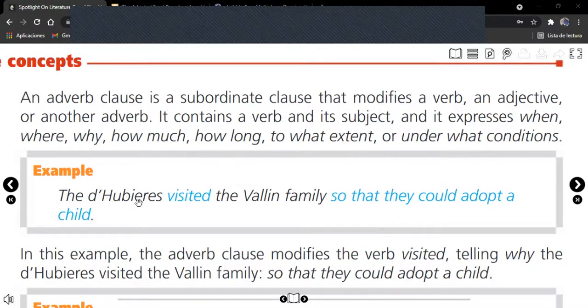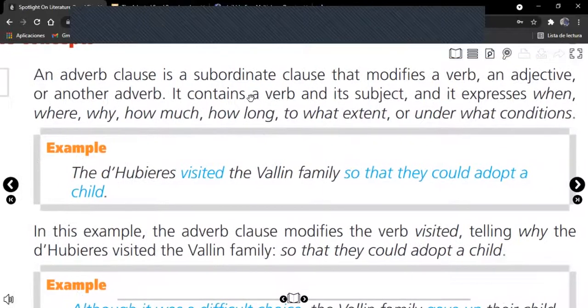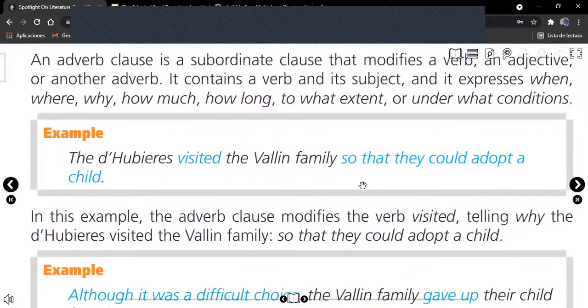Thank you very much. So the example says, the Cuviers visited the Balland family so that they could adopt a child. As you can see here, the whole clause is acting as an adverb.